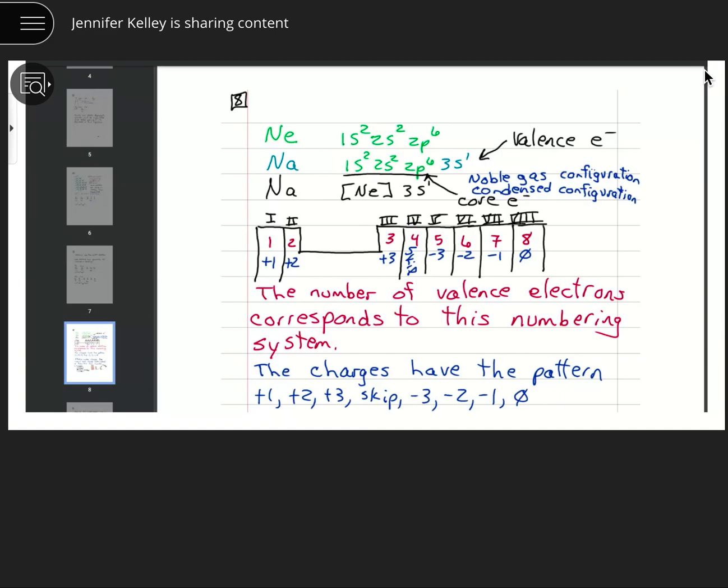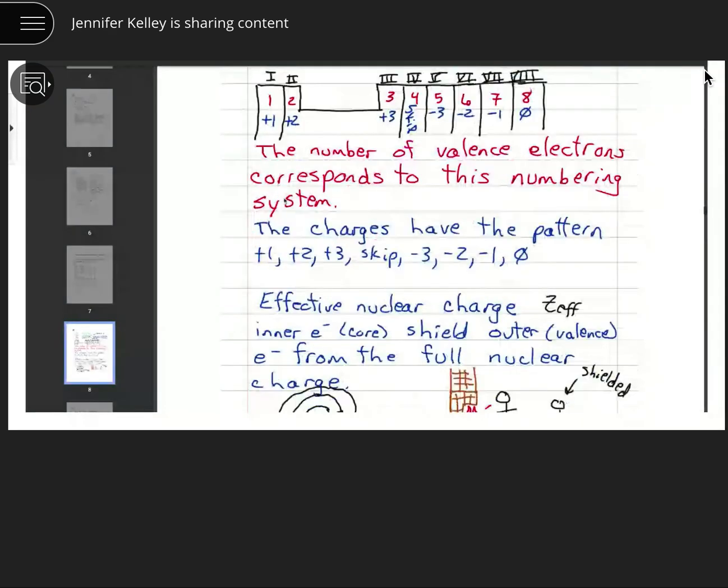It's a lot easier just to use the column method, but sometimes you have to use the valence electron method from the electron configuration, but that's in the transition metals. And we have some more examples of that as we go.